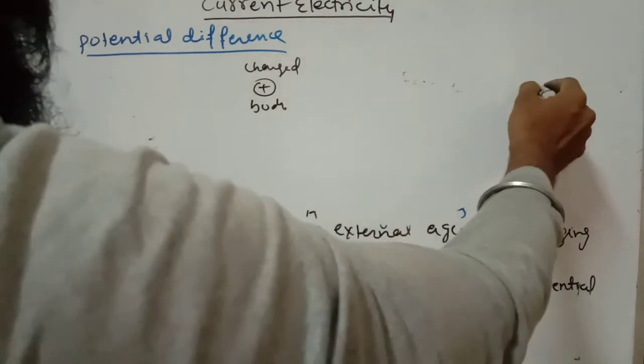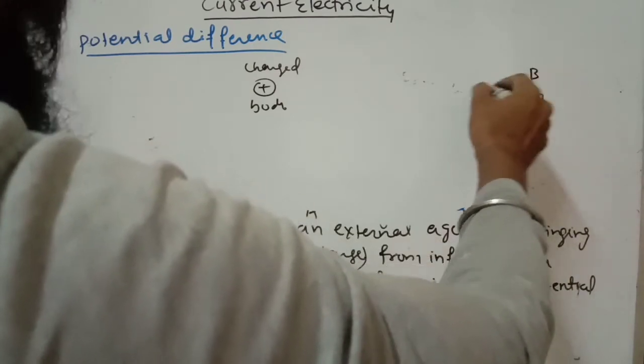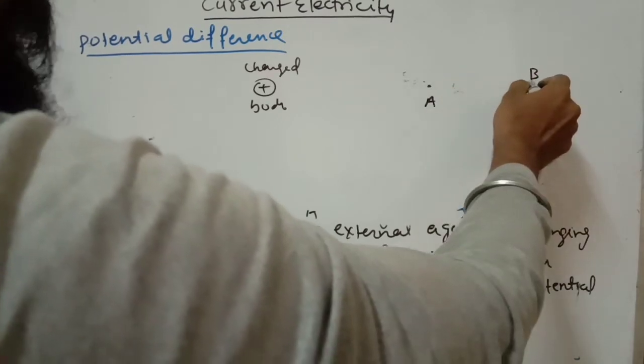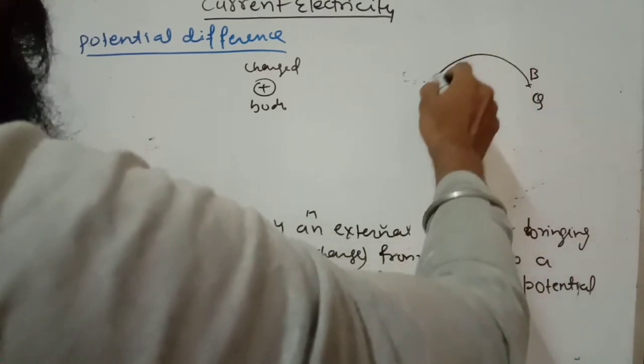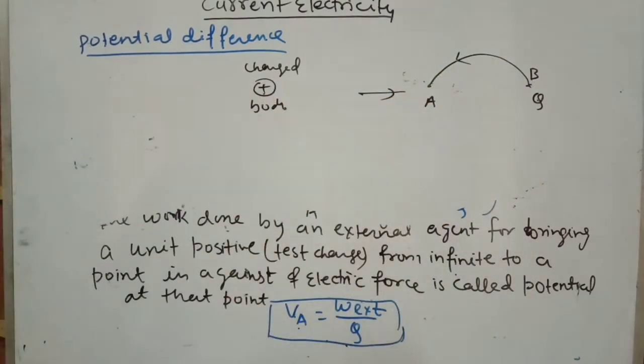Let a charge Q be brought from point B to A. That means an external agent brings charge Q from B to A in the presence of the electric force due to the charge body.